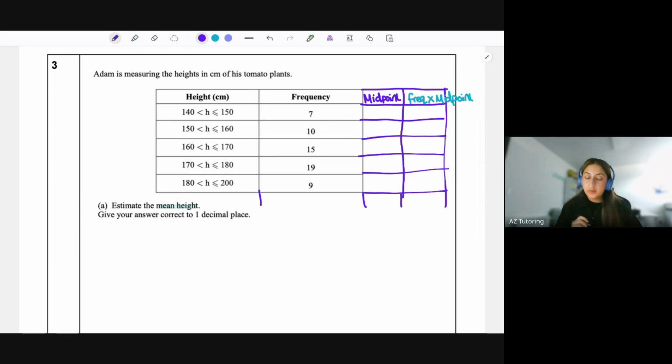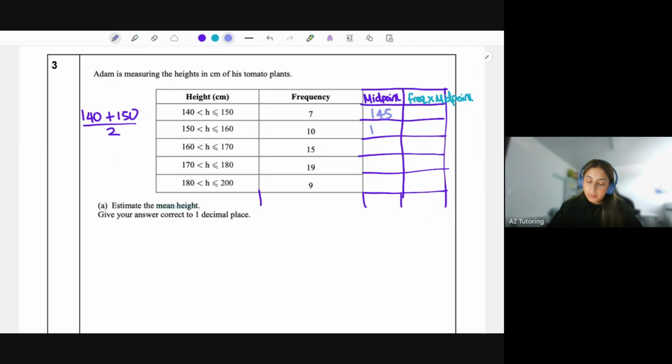another thing to cover, to find the midpoint, if you can't figure it out from looking at it, the easiest way, because you have a calculator in this paper, it's easy to do. All you do is you add both the sides. I'm going to do 140 plus 150 and then divide it by 2. So just add these two numbers and then divide by 2. That gives you the midpoint. So the midpoint of the first column is 145, 150, 160.